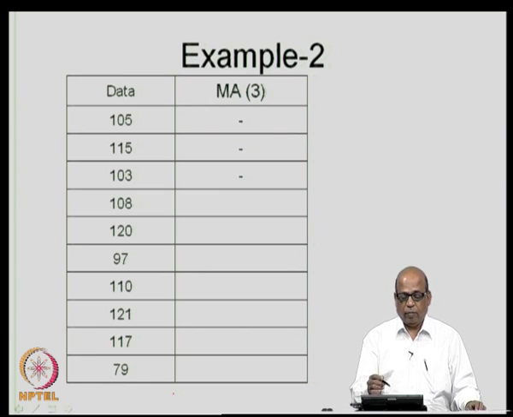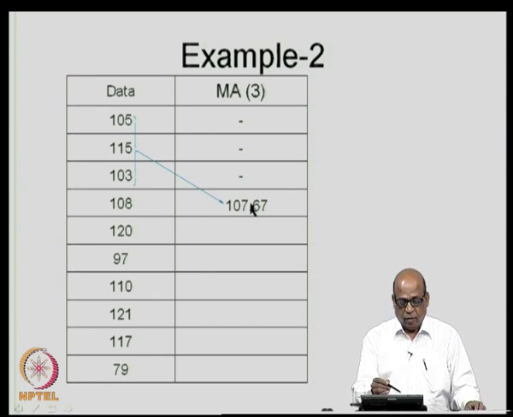So, let us see what we mean by that. We are talking about a moving average of order 3, which means we are taking the average using 3 previous values. So, for the first 3 time periods 105, 115 and 103, we take the average and call that the forecast for the next time period, 106.7.